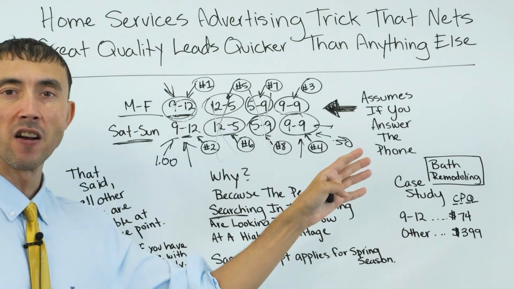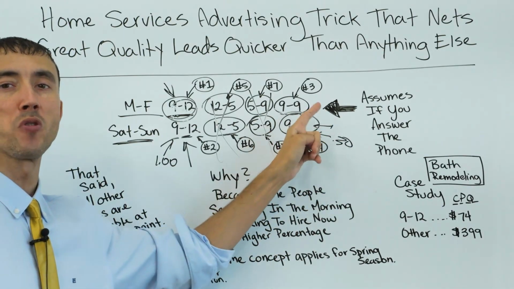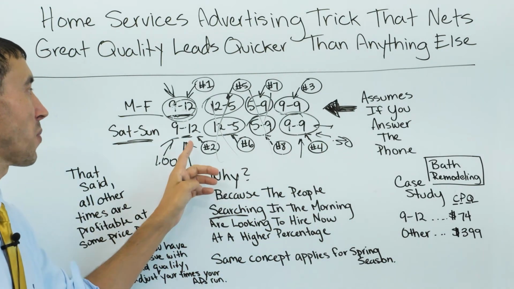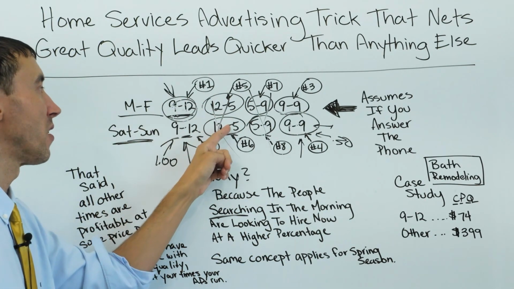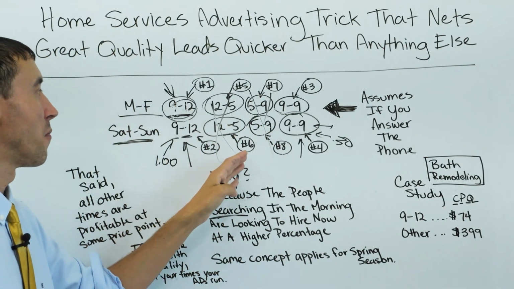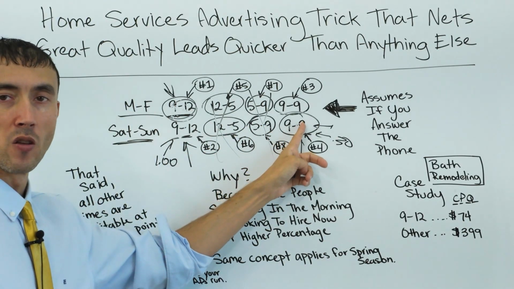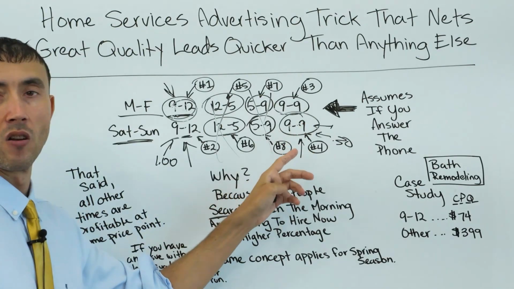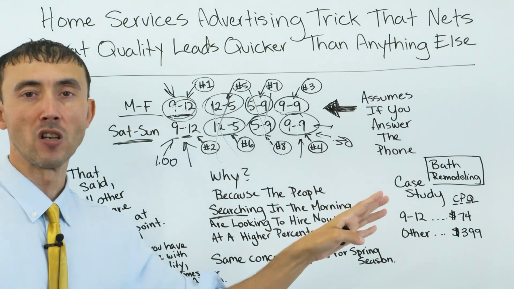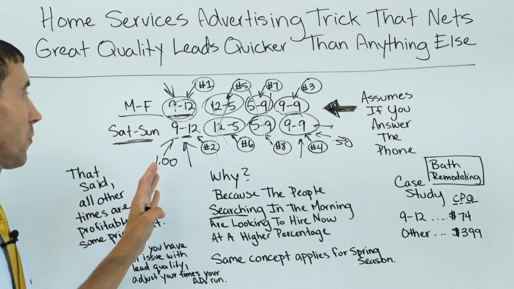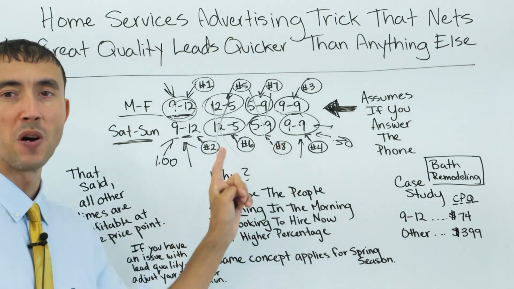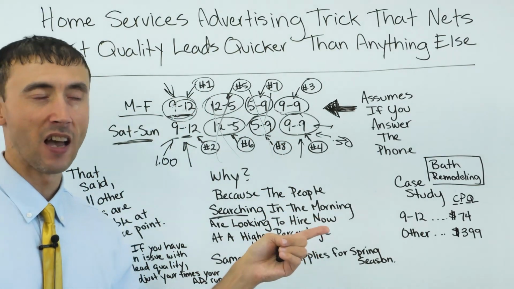More so, people are super, super serious when they're calling at 2 a.m. Our cost per opportunity the rest of these times is closer to $800 in a competitive market, whereas overnight, 9 to 9, we're at $250, which is very profitable in that restoration services space. And $800 is still profitable, but not really.